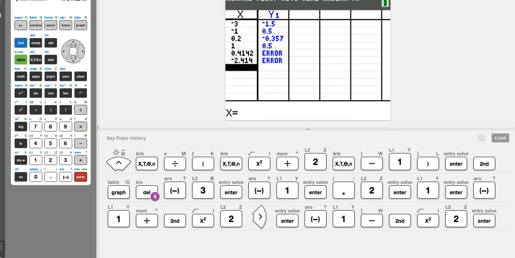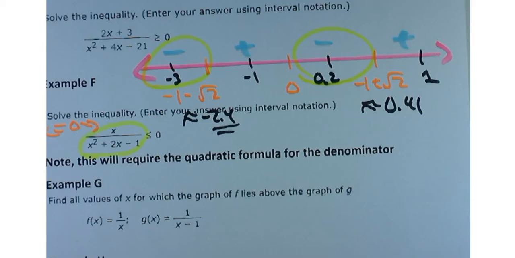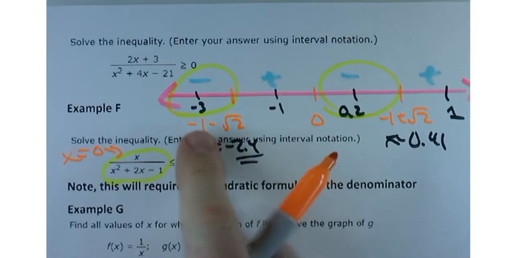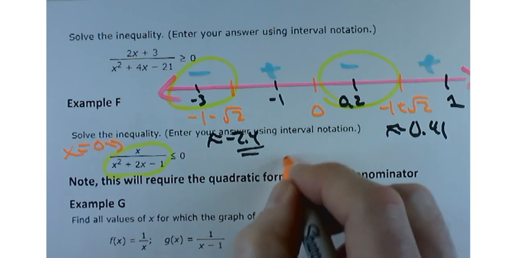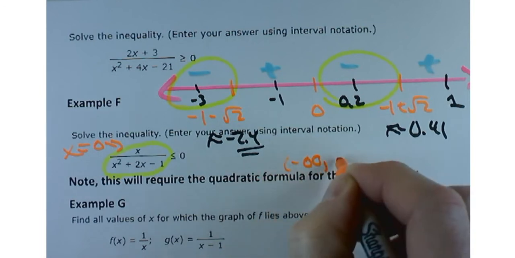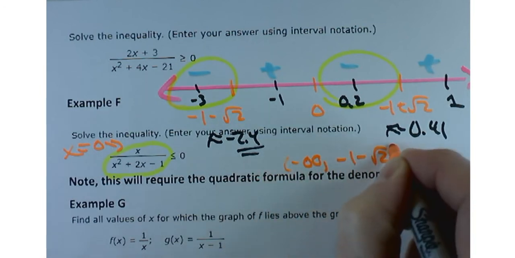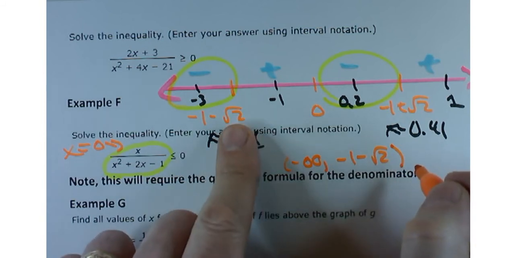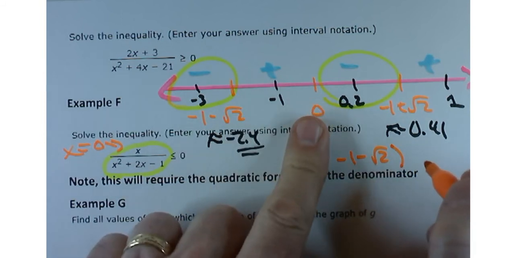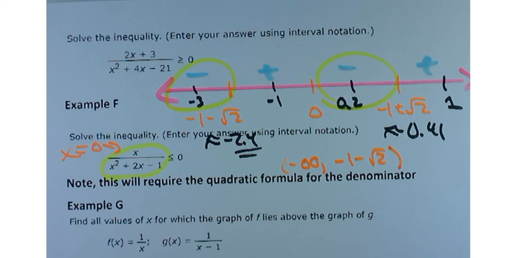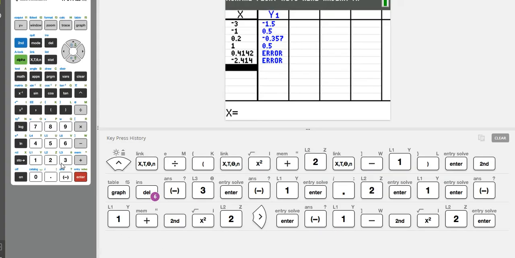So your final answer is just going to be negative infinity to negative 1 minus the square root of 2, parenthesis, because we can't use that. Can I use the 0? Let's see. If I type in a 0 here, is 0 less than or equal to 0?